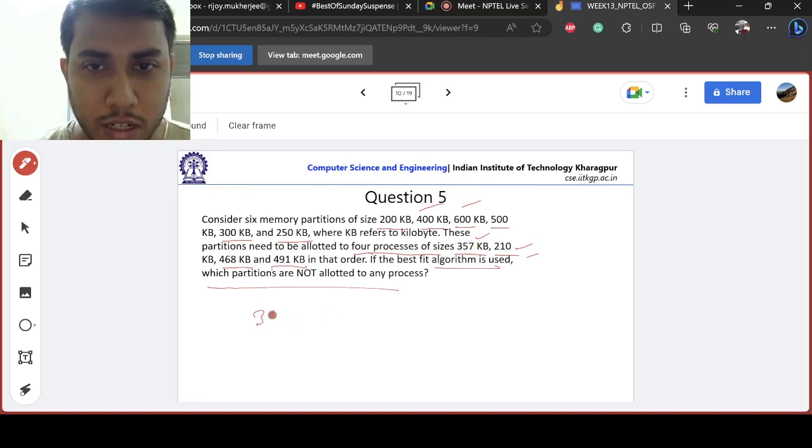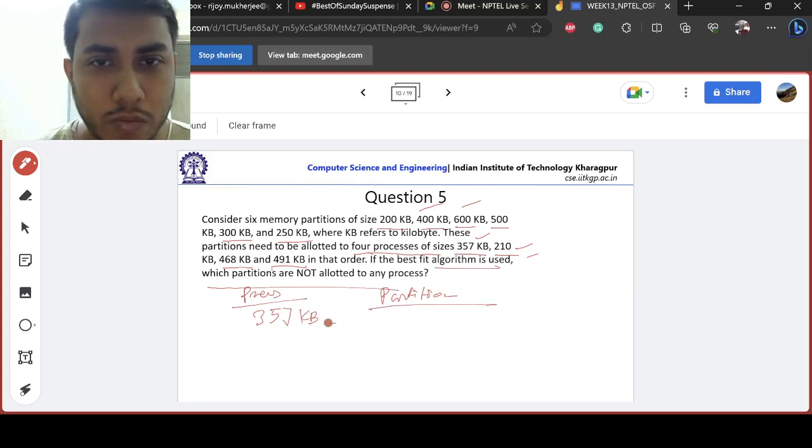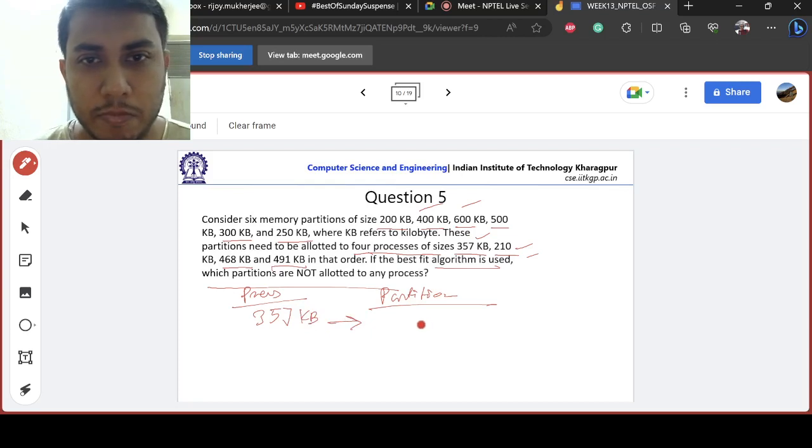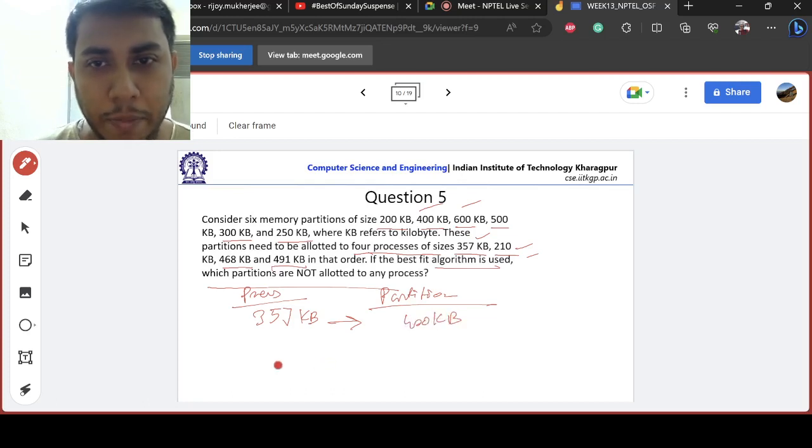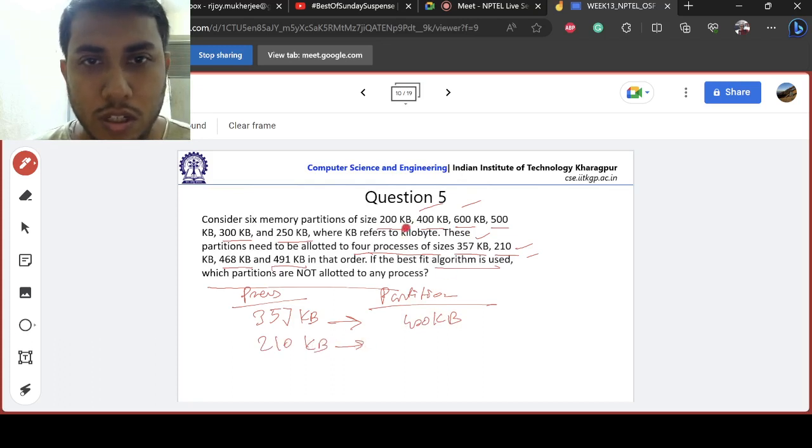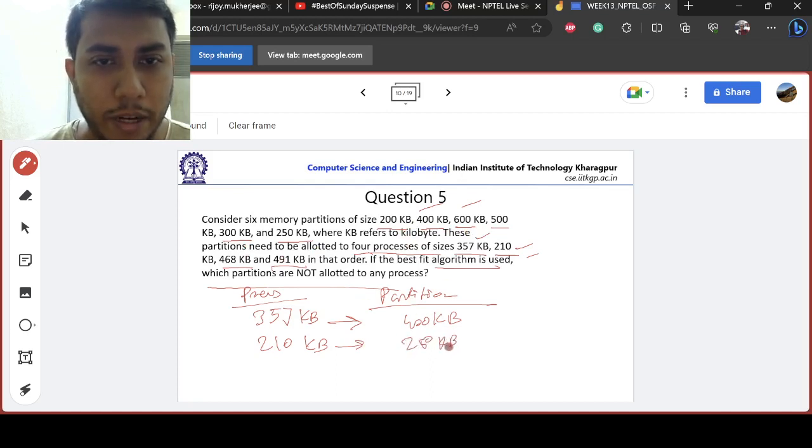So the 357 KB process will be stored in the 400 KB partition, right? Next is the 210 KB process, which will be stored in the closest partition, that is 250 KB.